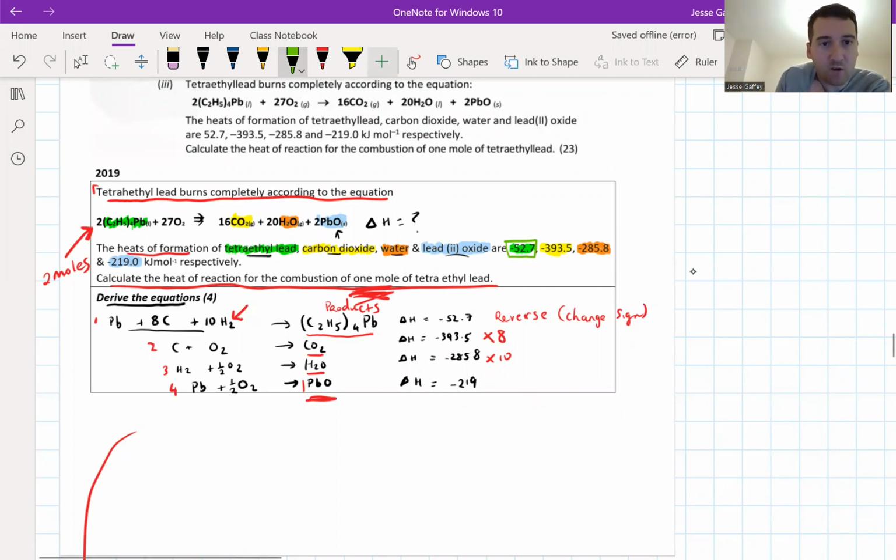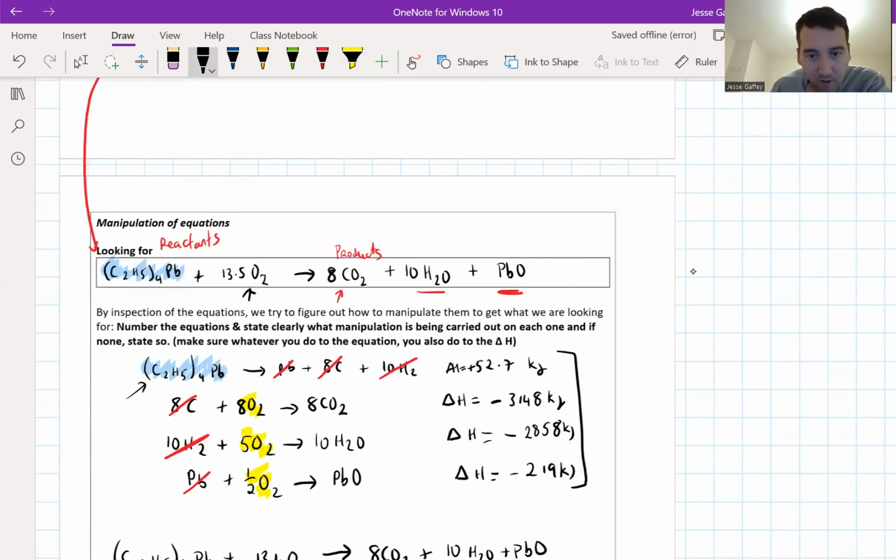If you go to the original question, this was a positive number. So this here should be plus 52.7, which meant that this original number here was a plus. And when we reversed it, it should now be a minus, a negative number, negative 52.7.